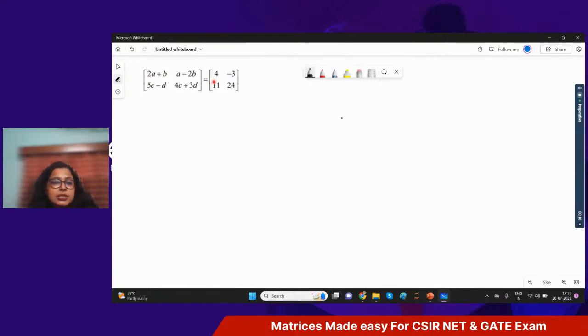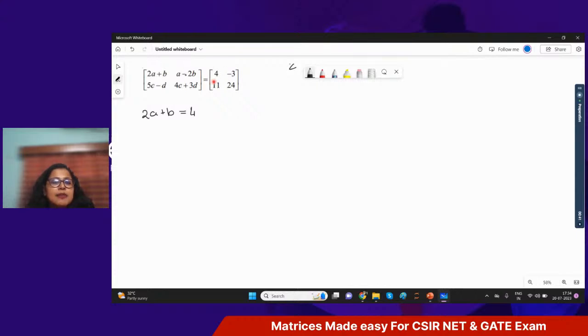As we have just studied, if two matrices are equal, then the position-wise elements are also equal, right? So position-wise this element is equal to this element. We can write 2a plus b equals 4, because this element is equal to this.